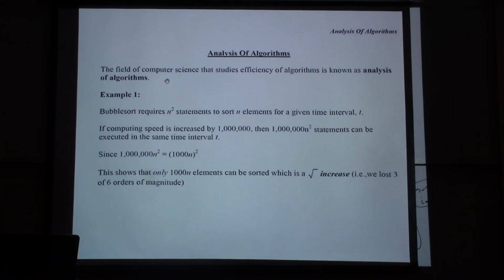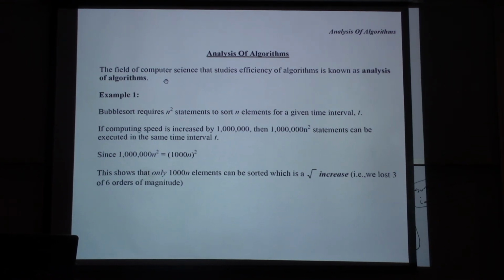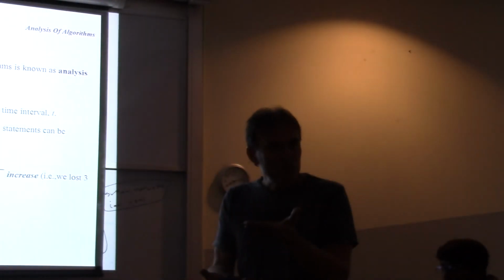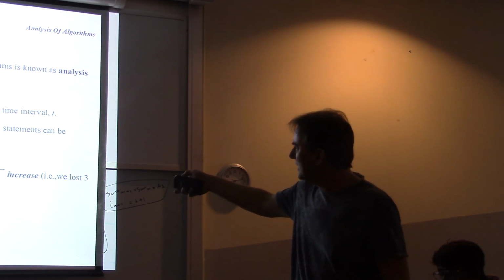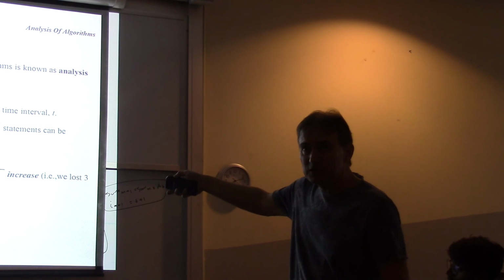So I've increased my computer speed by 6 orders of magnitude, but I've increased my problem size by only 3 orders of magnitude. And the reason is because the complexity of bubble sort is not linear. It's n squared. And so the relationship between the problem size and the number of statements is that you square it, it's quadratic.